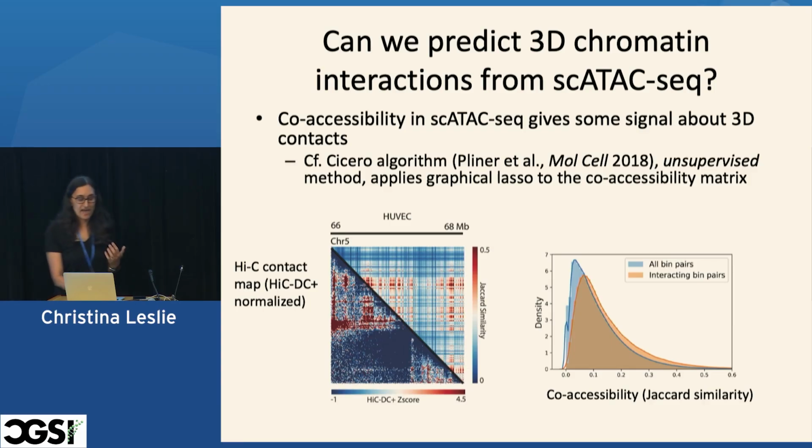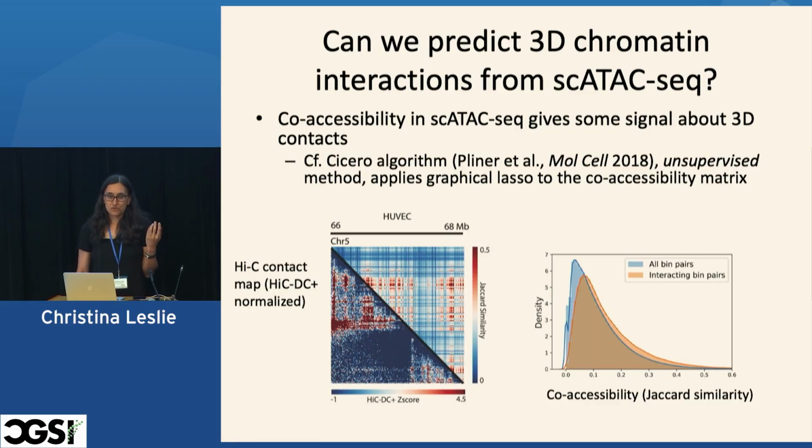So you can imagine if you're just taking this co-accessibility matrix and applying a graphical lasso, it's not gonna work that great, all right? Another way to look at it is if you take true interactions and look at their distribution of co-accessibility in orange versus all interactions in the matrix in blue, you can see the orange is shifted to the right, okay? So there's a signal, but it's a subtle signal.